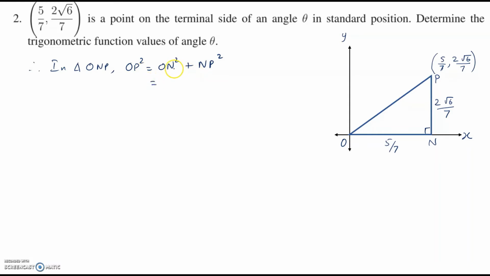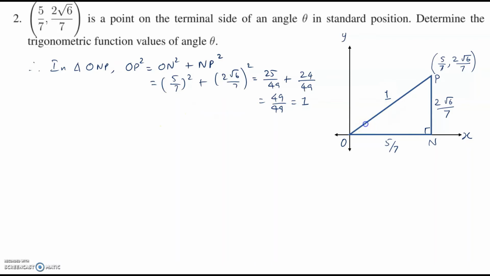So our ON squared is (5/7) squared plus NP is (2 root 6 by 7) squared, which is nothing but 25 by 49 plus 4 times 6, which is 24. So this is 24 divided by 7 squared, which is 49, which is nothing but 49 by 49 and is equal to 1. Therefore, our OP is equal to 1.